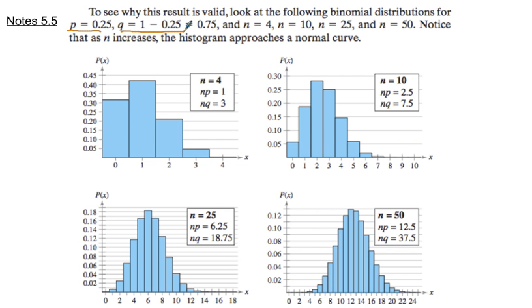Not as much as the first one was skewed right, but still skewed right. The third graph, when n is 25, now both np and nq are greater than or equal to 5, and visually it's not exactly normal, but it looks pretty close to normal. And same thing with the last graph, when n equals 50, it looks even more like a normal distribution. Still not exact, but still very close.